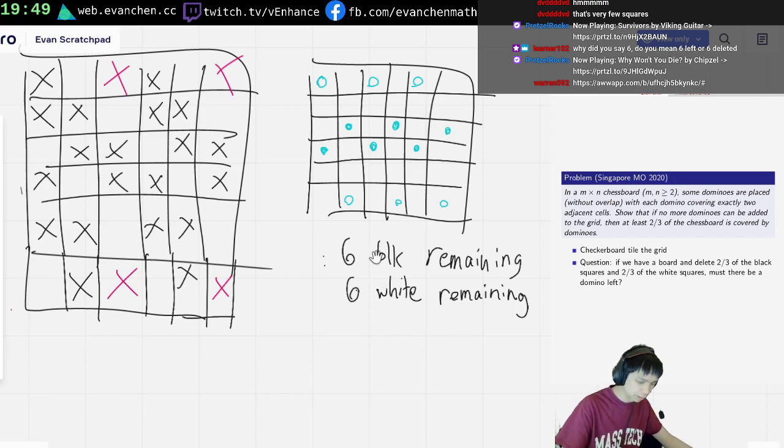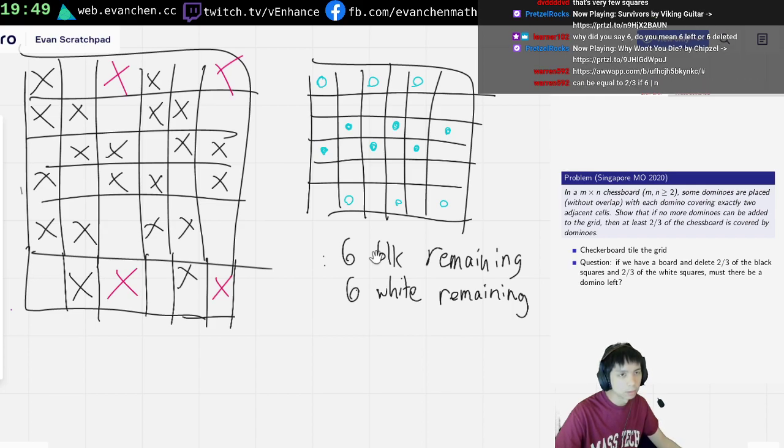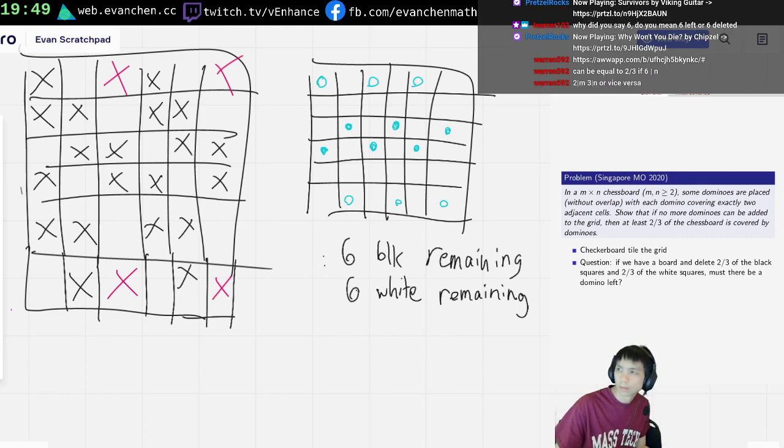So for every black square that I take out or leave, no. Yeah, I agree. It can be 2/3 of 6 divides n. I think you take this shape and you repeat it, right? Yeah. Yep. Cool. We agree on that.